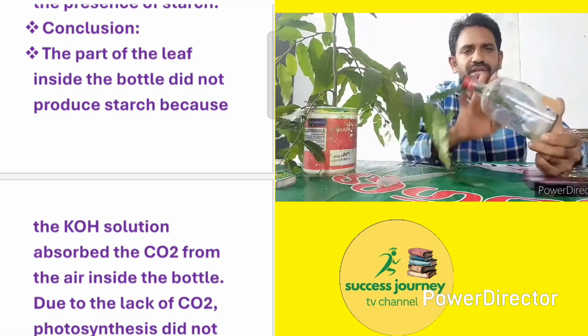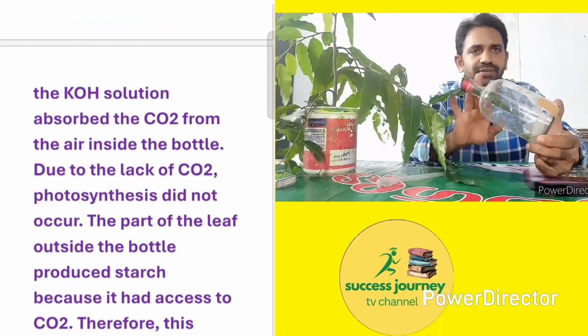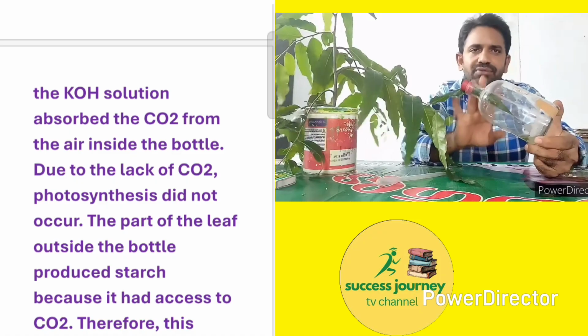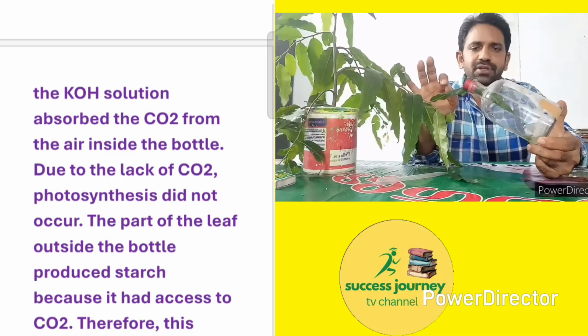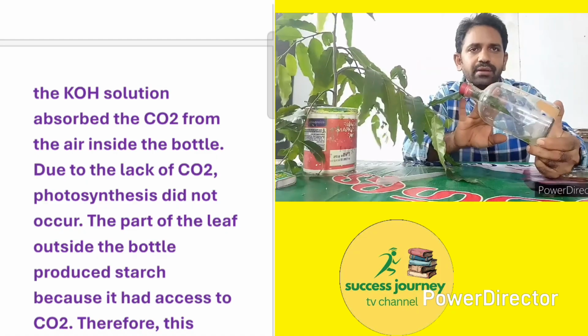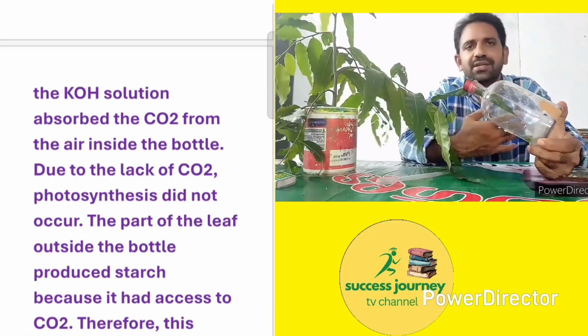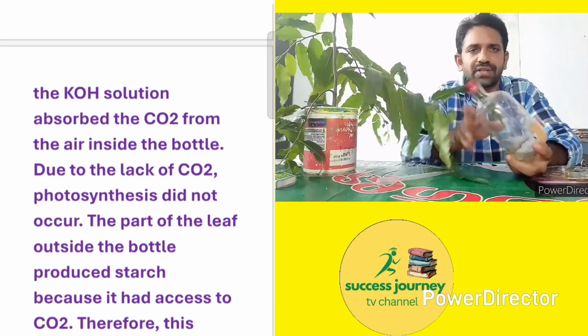Due to the lack of carbon dioxide, the photosynthesis did not occur. The part of the leaf outside the bottle produced the starch because it had access to carbon dioxide. Therefore, this experiment proves that carbon dioxide is essential for photosynthesis.